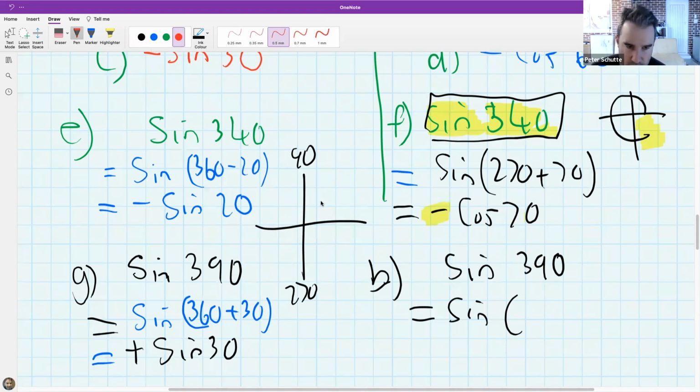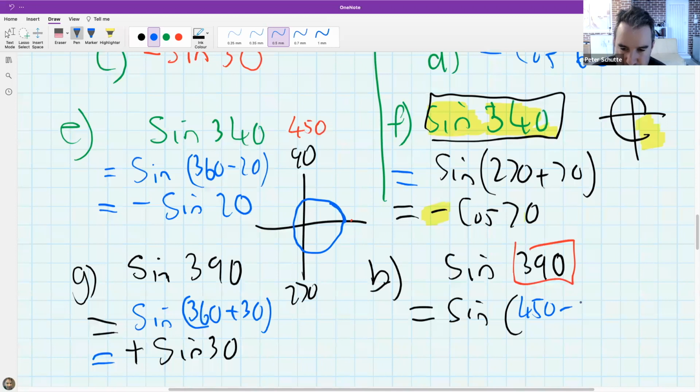So let me show you how I would do it. You can do it like that, but 390 would basically be, if you add 360 to 90, you get 450. And so what I was thinking, and there's a couple of ways to do it, is that if that's 360 and this is 390, we could go 450 minus 60 as the nearest vertical axis, but you don't have to do it like that.